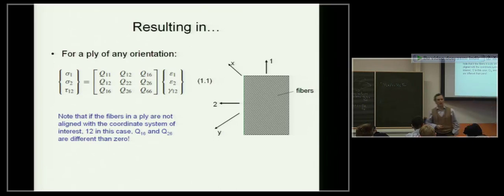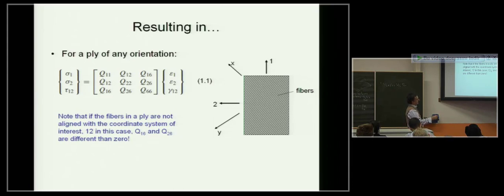That means, knowing what we just showed as relationships at the bottom of the page, that you can now write in a concise form the stresses in any coordinate system as a function of the strains in that coordinate system, but this now will involve the Q matrix, which will be a non-zero matrix everywhere. There will be, in general, non-zero entries everywhere.